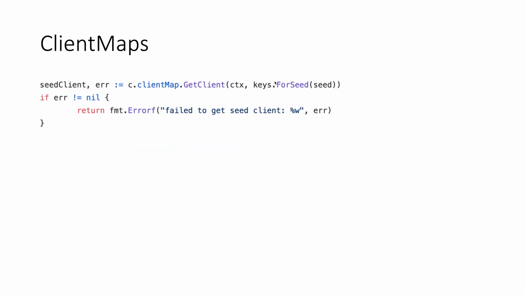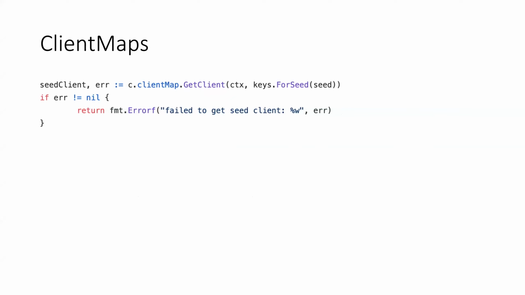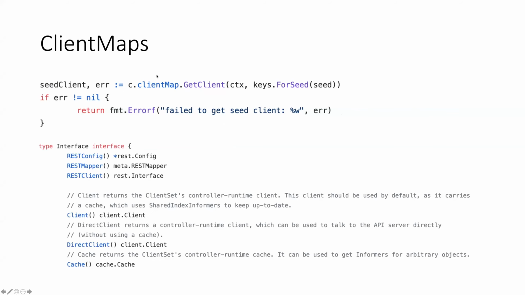And basically this call replaces all these calls, new client from secret and so on. So we can have client sets that actually live for the whole runtime of the Gardenlet. And this client set you retrieve from the client map now does not only have a client method, but also a direct client.